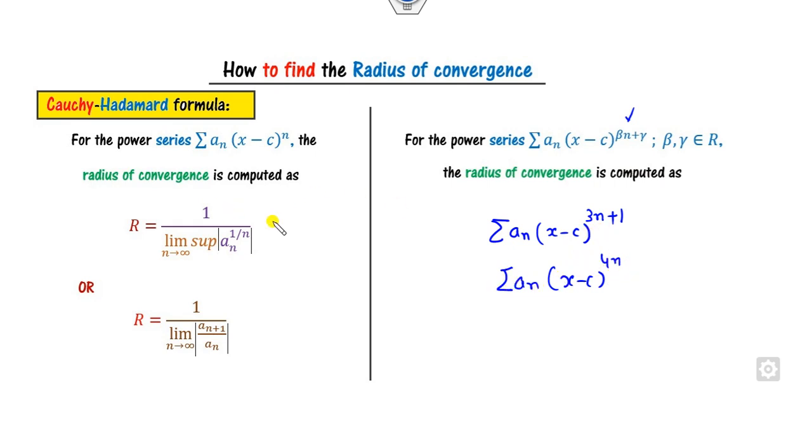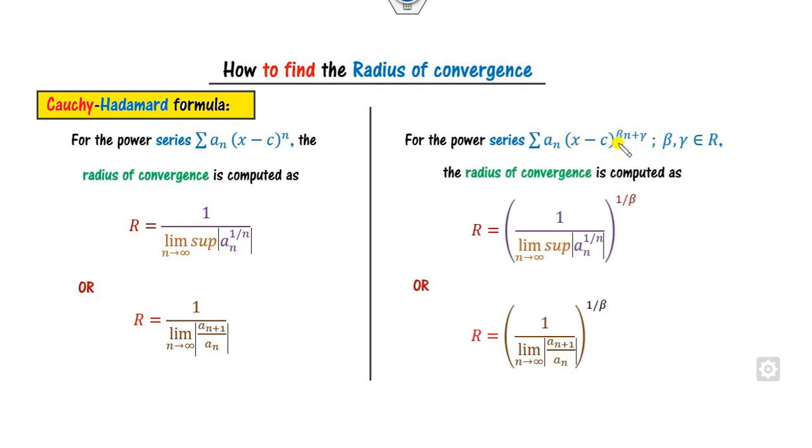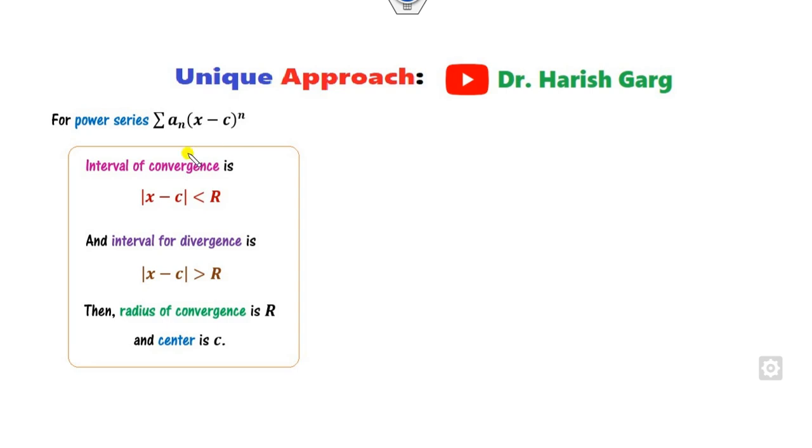You can apply the same rule. The only difference is that instead of this beta I use 1 over beta. Based on these two power series we can define the radius of convergence R, and hence the interval of convergence is computed here, where c is called the center of the power series.